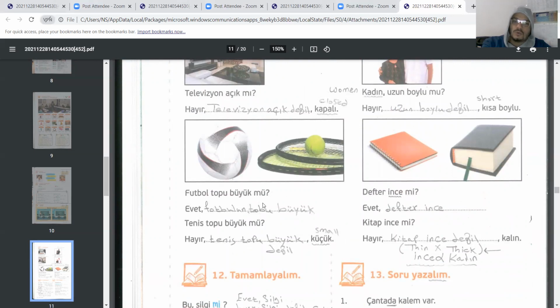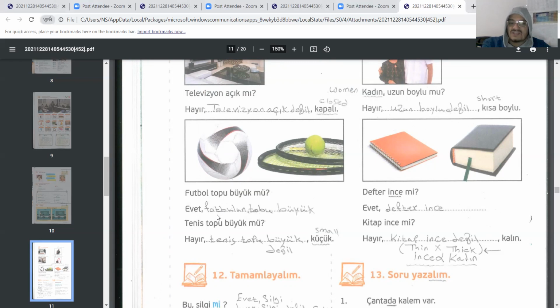Futbol topu büyük mü? Football, the same word as in English. Topu büyük mü? Evet, futbolun topu büyük. Like school's bus, there is an n and an appropriate vowel letter on the first word, and on top another vowel letter, to be futbolun topu büyük.